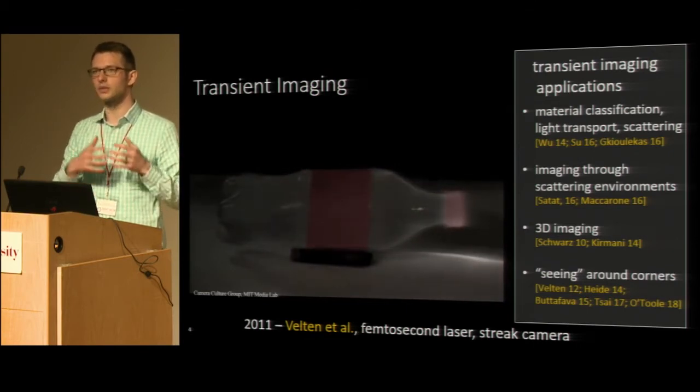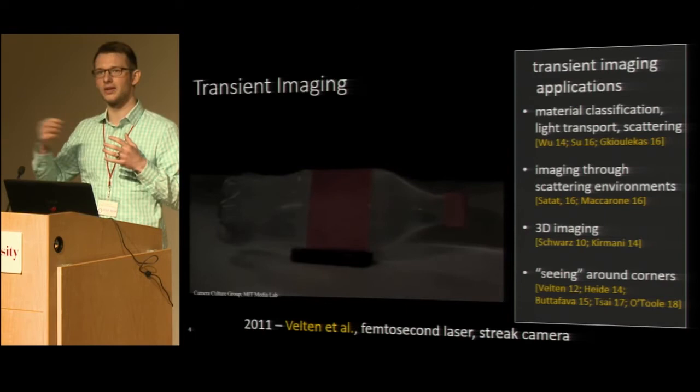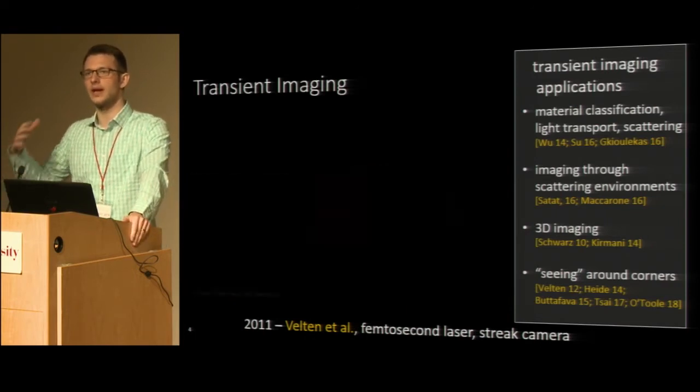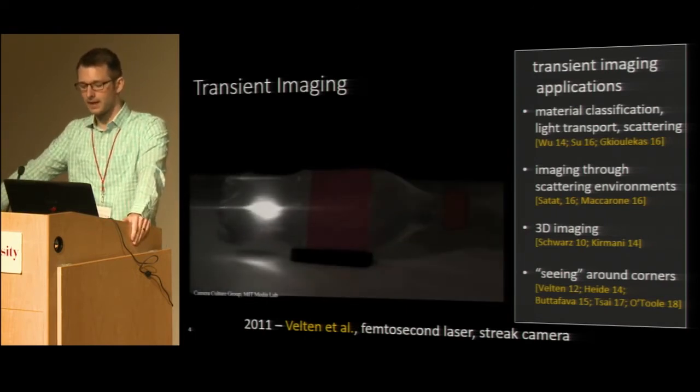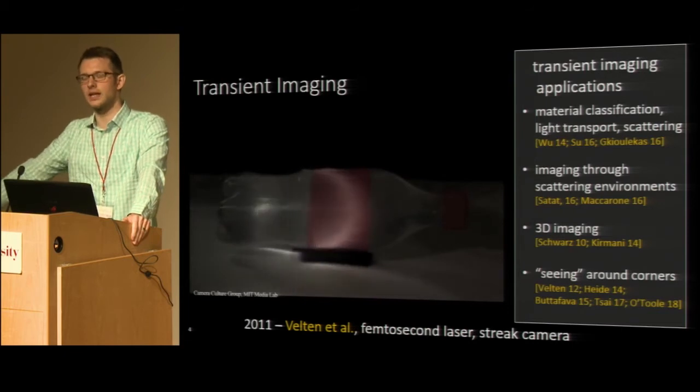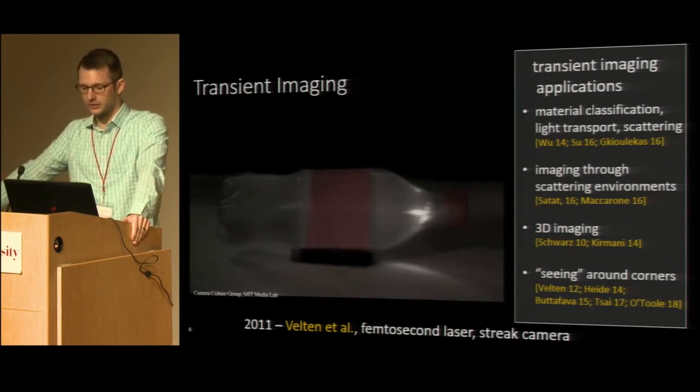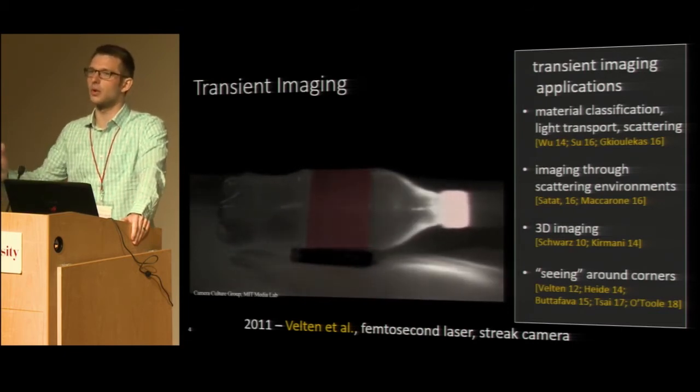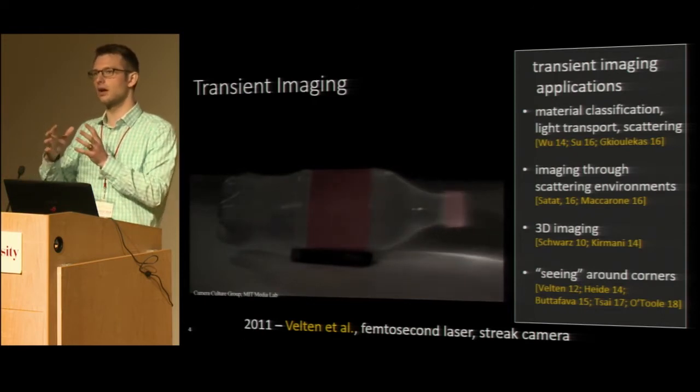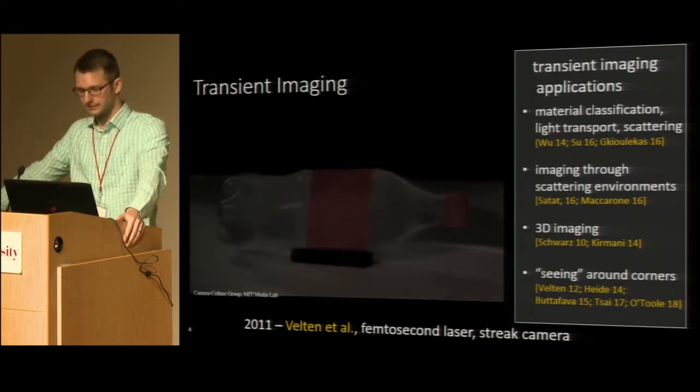With transient images, we not only capture this direct scattering, but we also capture indirect or multiply scattered light events. And these multiply scattered light events turn out to be really useful for doing things like seeing around corners or imaging objects that are outside of our direct line of sight.